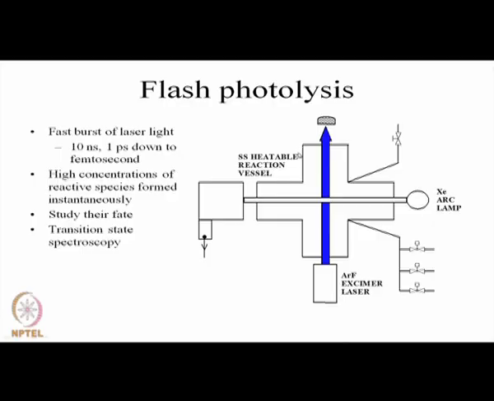In case of benzophenone we have used 355, maybe in other cases you can use 532 nanometer, or maybe IR radiation, or maybe 266 nanometer. Nowadays we have many choices for selection of your excitation source to initiate the reaction. So, therefore, flash photolysis and laser flash photolysis is a tremendously important tool for studying transients and their fate.